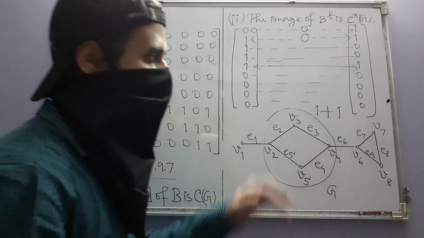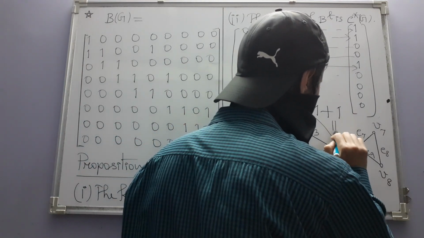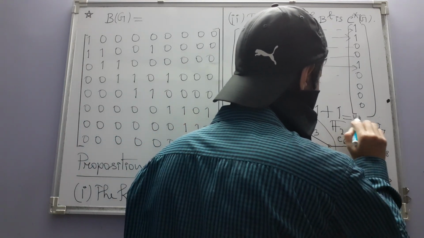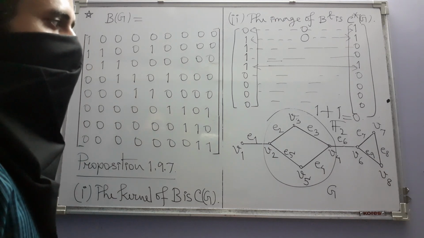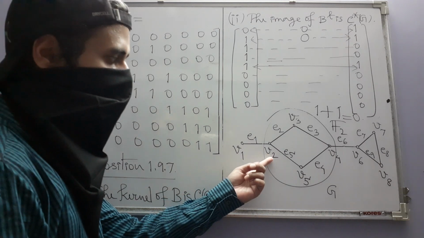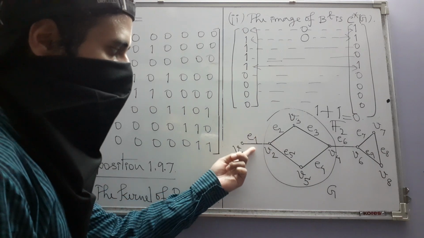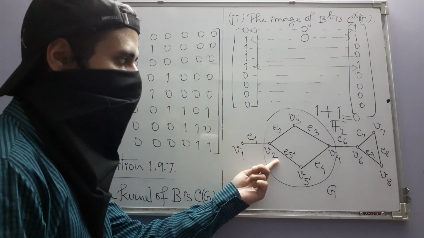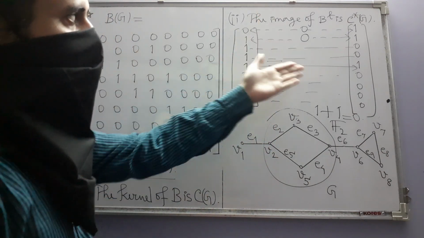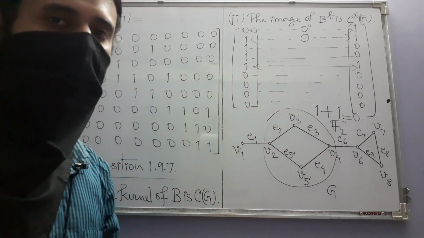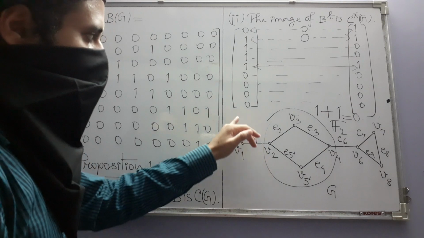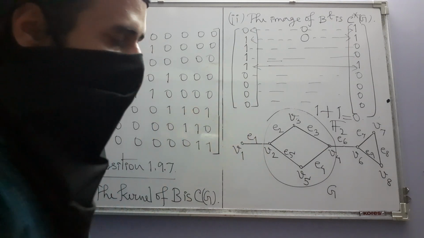But keep in mind, you are in the 2 element field F2. So 1 plus 1 is going to give you 0. But that is a special case, right? We are looking at the second row, meaning the row corresponding to V2, and we are considering the vector representation of the cycle in our 9-dimensional Euclidean space.